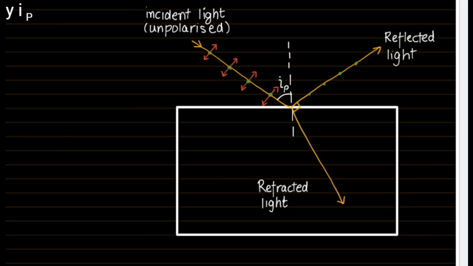These green dots will be coming towards you. So your reflected light is polarized light, whereas this refracted light will be unpolarized light.